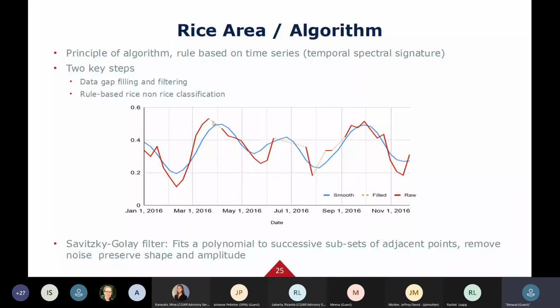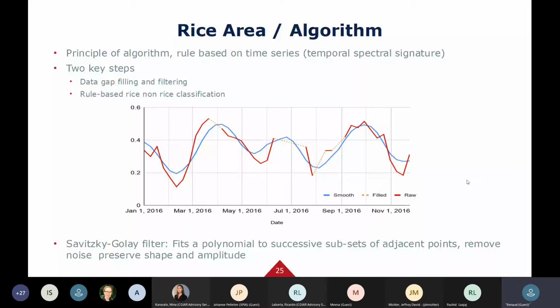So we need to fill these gaps through interpolation. And there are quite a few sharp peaks, which indicate the presence of noise, which need to be smoothed using a filter. Here we use the Savitzky-Golay filter. So from the original red line, we could generate a much smoother, feature-preserving EVI, which is shown in blue.